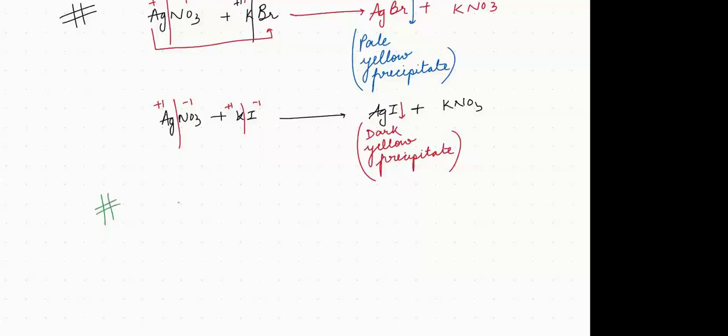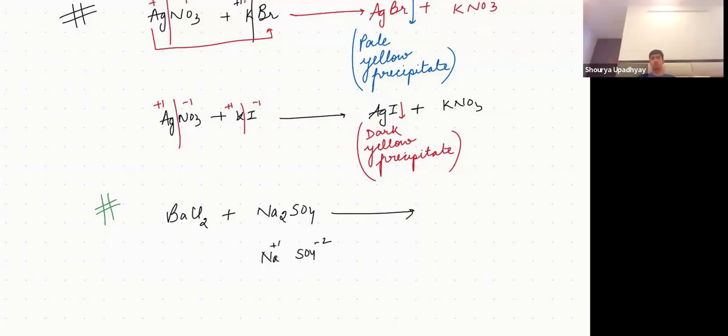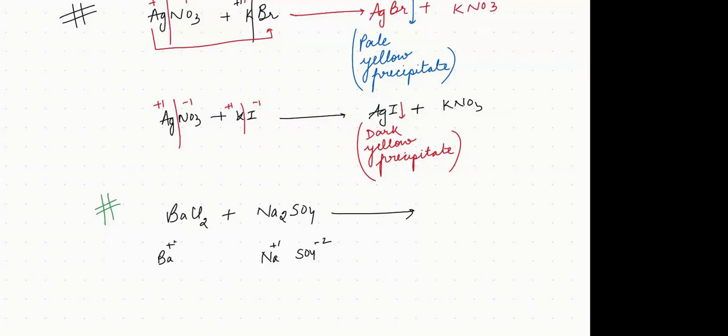Similarly, now let's suppose I talk about barium chloride. I would have BaCl2 plus Na2SO4. So how does this reaction take place? Na2SO4 breaks down into Na plus and SO4 minus 2. BaCl2 breaks down into Ba plus 2 and Cl minus 1.